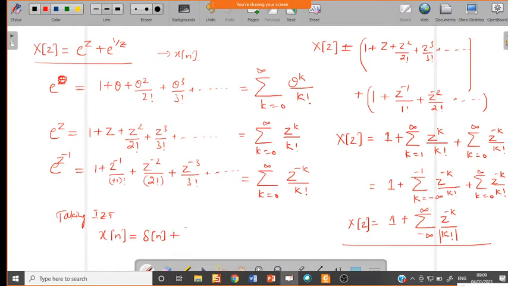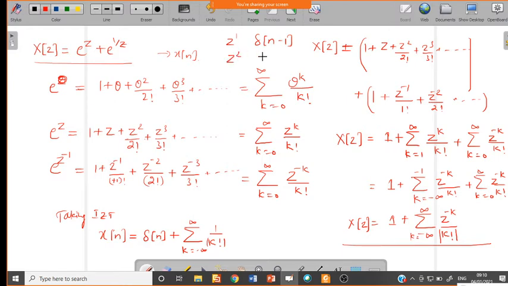Now for this one, summation k equal to minus infinity to plus infinity, this k is varying here. So 1 by k factorial as it is will be there. Now z power minus k we can write in terms of del. If we have z power 1, we can write it as del of n minus 1.